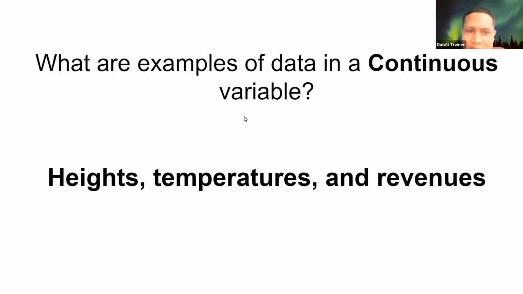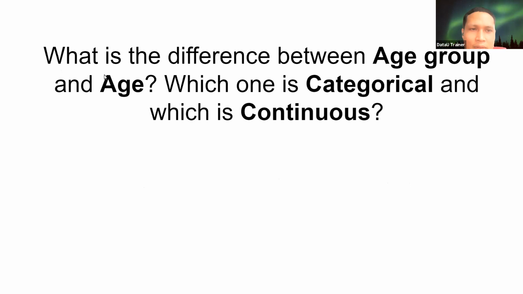If we go to this question here, what is the difference between age group and age? Which one is categorical and which is continuous? Who wants to try this one? I think age is continuous. Age is continuous, and age group is categorical.